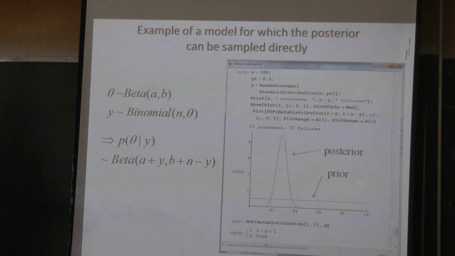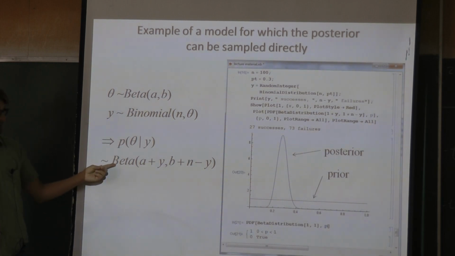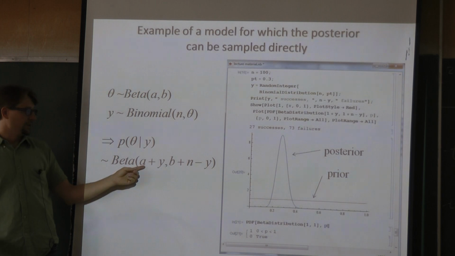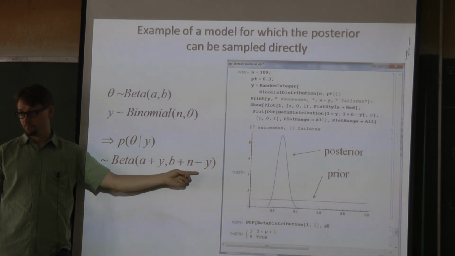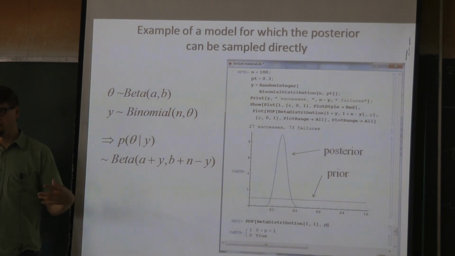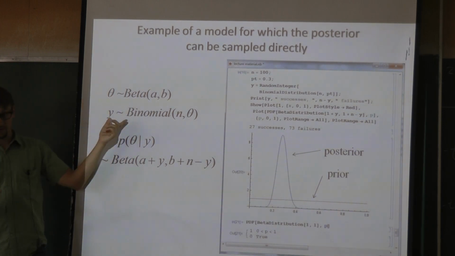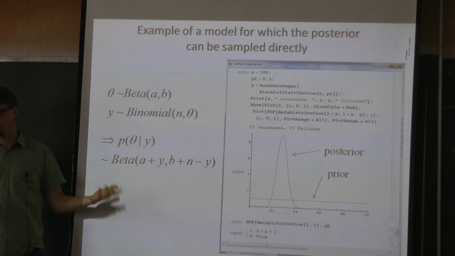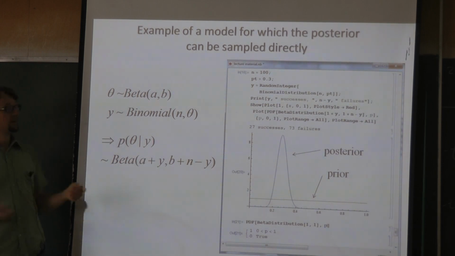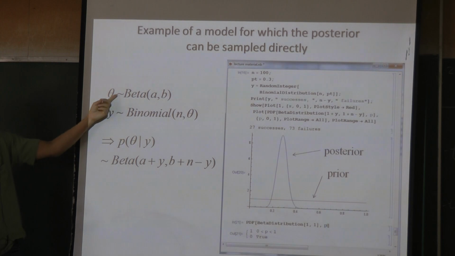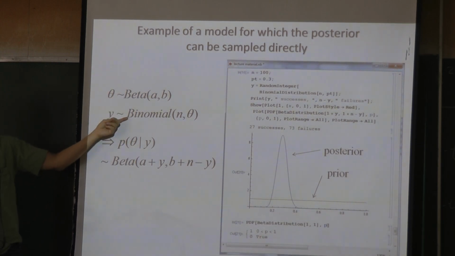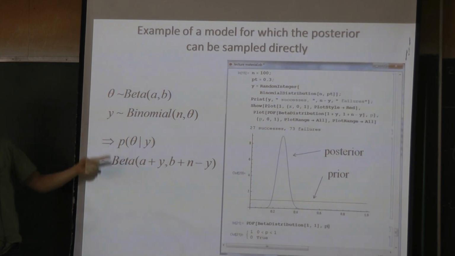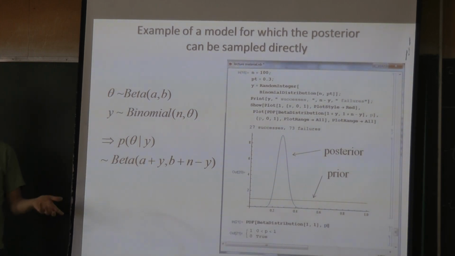Okay? So in that case, the posterior will also be beta distributed with these parameters, a plus y, b plus n minus y. You can think that this is just some kind of a mathematical miracle that in this specific case it comes out as a beta distribution. That's why beta is called the conjugate prior for binomial, because if you start from that prior, also the posterior will have the same form. Okay.